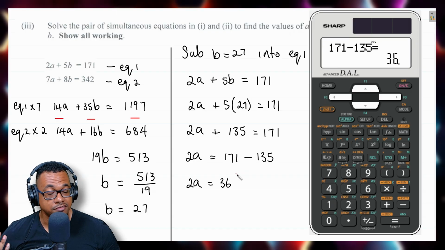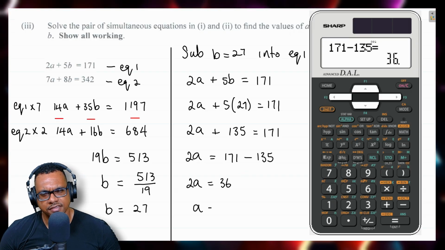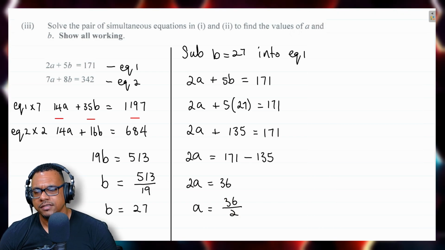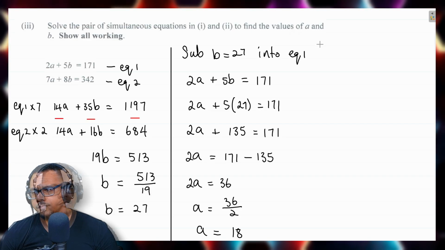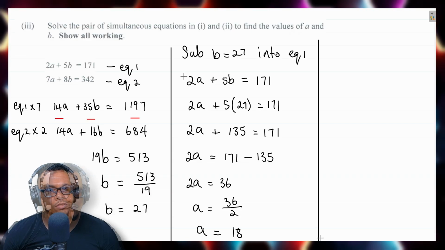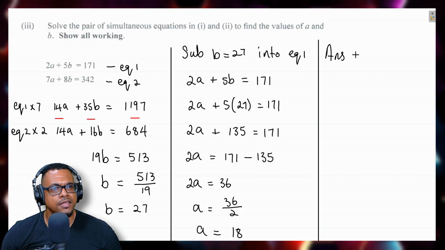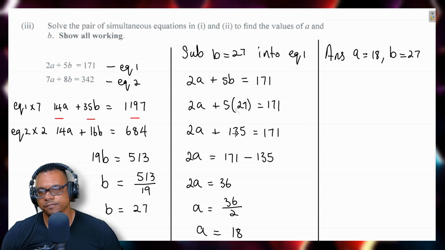The operation will change to division, the opposite of multiplication. So we'll have A is equal to 36 divided by 2. So 36 divided by 2 will be 18. So A will be equal to 18. So we just come here and write the answers. We have A is equal to 18, and we have B is equal to 27.